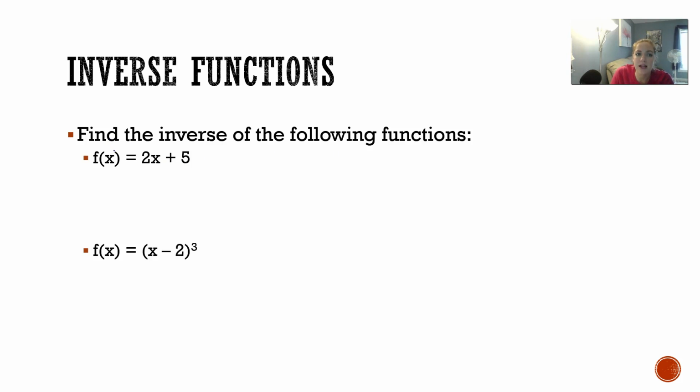Now keep in mind, f of x is the same thing as saying y. So what we're going to do is, this is really y equals 2x plus 5. To find the inverse, the first step is just to flip that y and that x. So it becomes x equals 2 times y plus 5. And then you're going to want to isolate the y, or solve for y. So first step is to subtract 5.